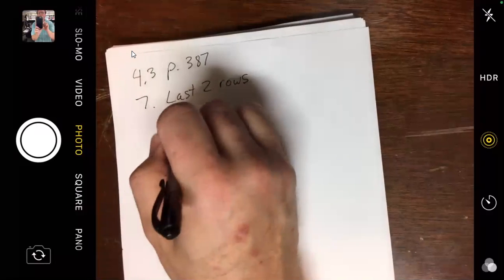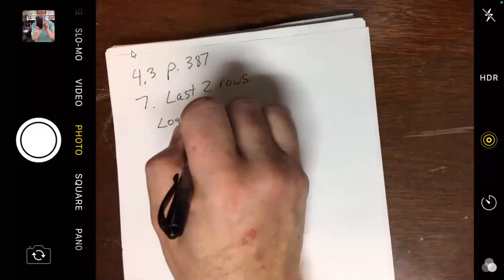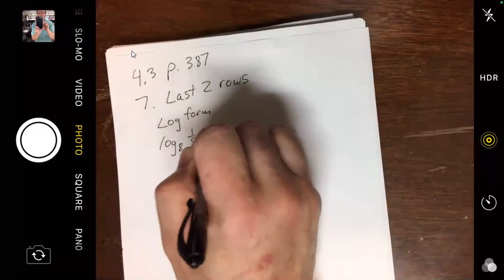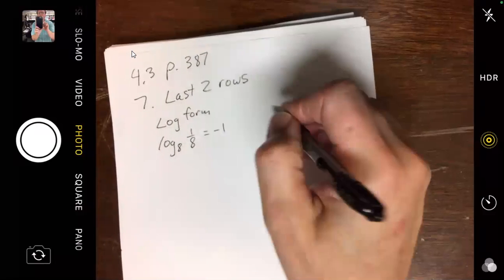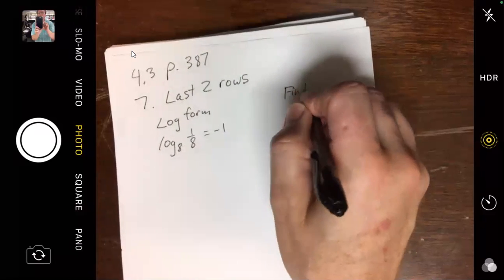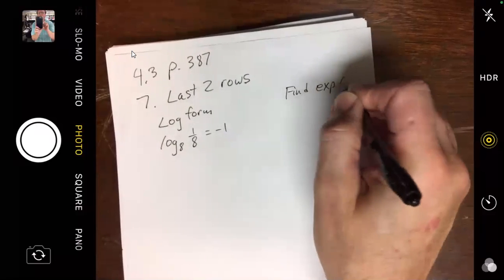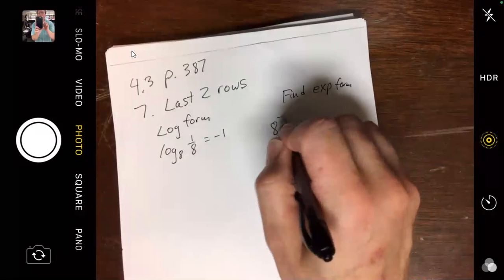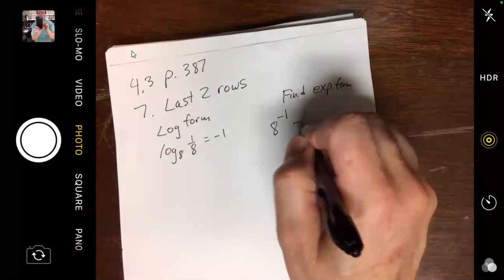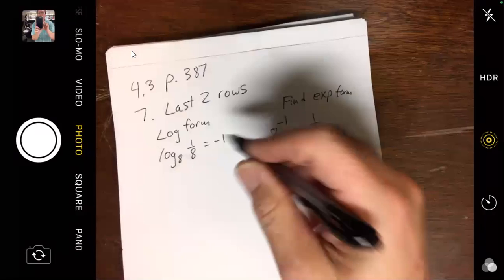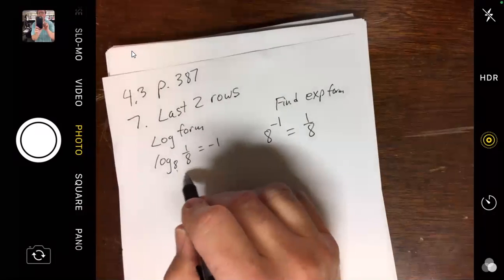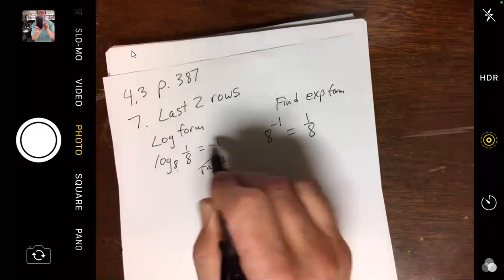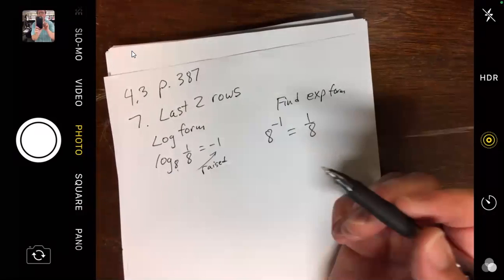Under log form, this is log base 8 of 1 over 8 equals -1. I want you to find exponential form. And that would take 8 to the -1 equals 1/8. So you wind up going 8 raised to this equals this.